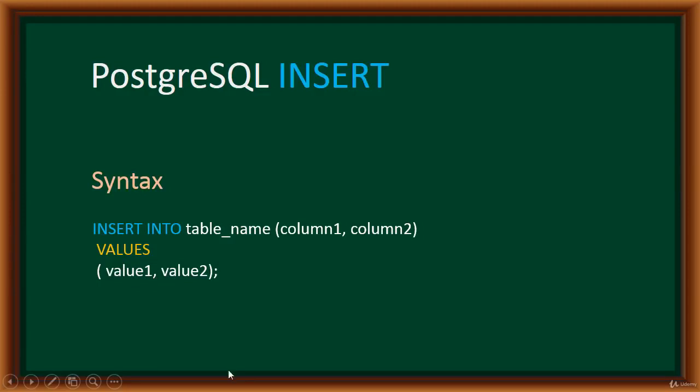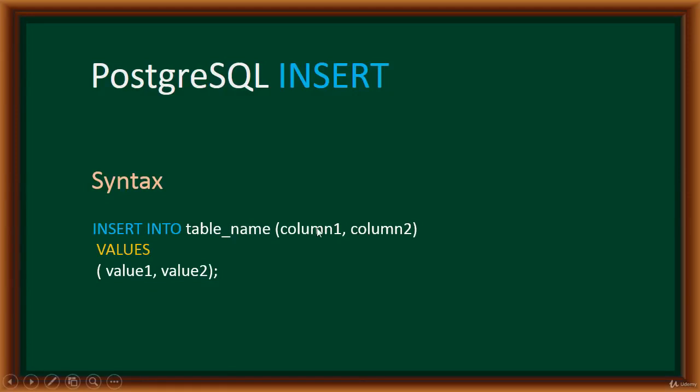The values is where you specify the data you're trying to insert, and the values must match the column and also the order. So these are the columns you want to insert data or rows into. You specify that first, and then in the values you have to separate each of the values by a comma.